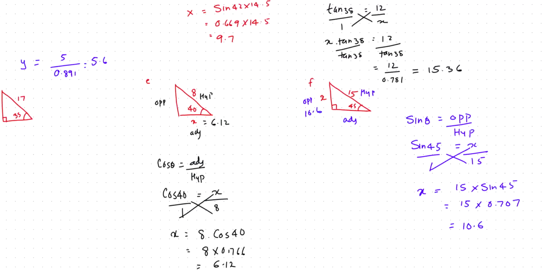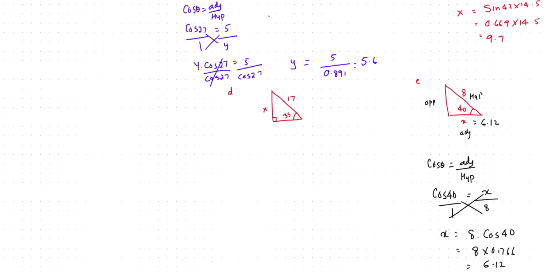Okay, one more question we can do here. So 35 is the reference angle. This is called the opposite side, this is adjacent, and this is hypotenuse. So we have to find opposite. Hypotenuse is known. The ratio for opposite and hypotenuse is sine. Sine theta equals opposite upon hypotenuse. Theta is 35. So sine 35 equals opposite, which is x, over hypotenuse, which is 17, over 1.